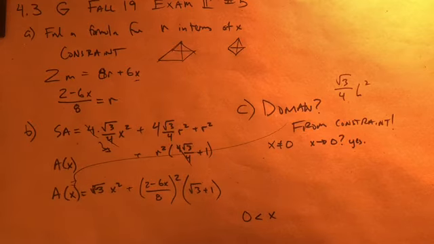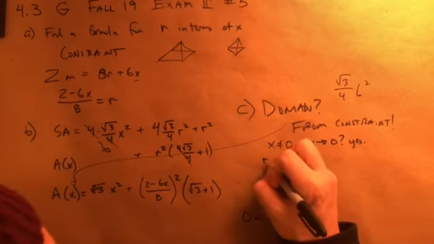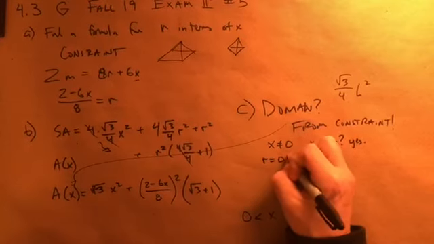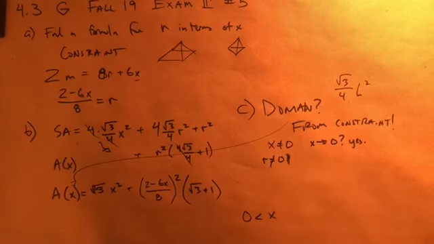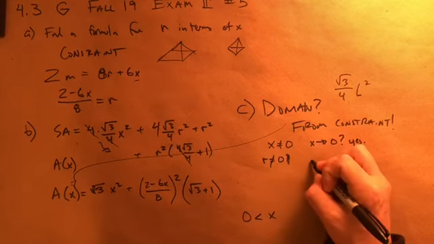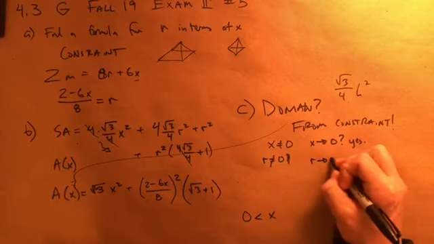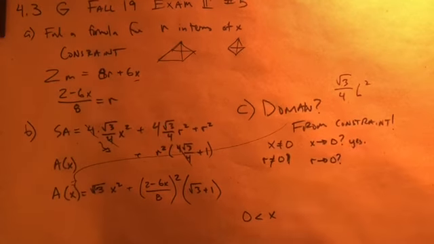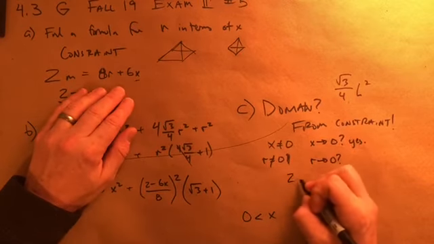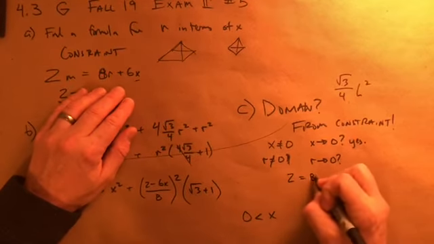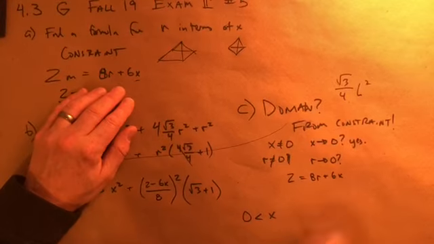Now, on the other side, can r be equal to 0? The answer is no, r cannot be equal to 0 because, once again, I need to have one of each type of pyramid. So what happens as r tends to 0? Let's go back to our original constraint equation: 2 is equal to 8r plus 6x.